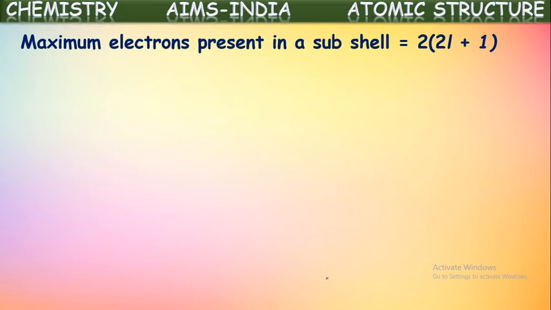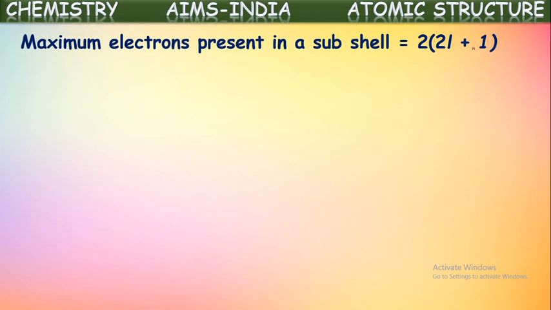If you know the azimuthal quantum number value, we can say the subshell, and how many electrons can be accommodated can be calculated using this formula. Suppose you want to calculate the number of electrons in the s subshell. s subshell means the l value is 0. Substituting 0, 2 into 0 becomes 0, plus 1, totally 1. 2 into 1 is 2. So a maximum of 2 electrons can be accommodated in the s subshell.